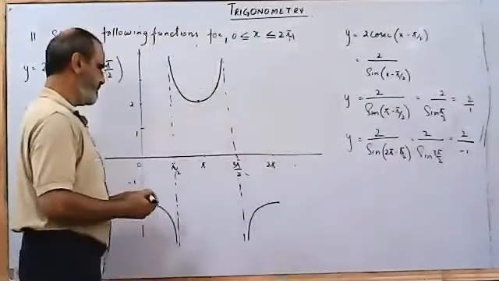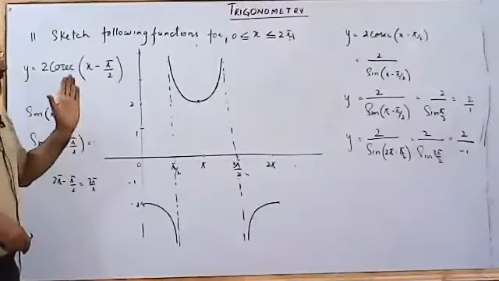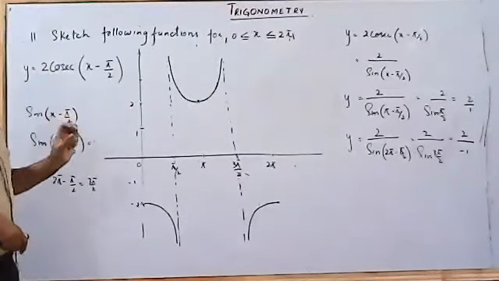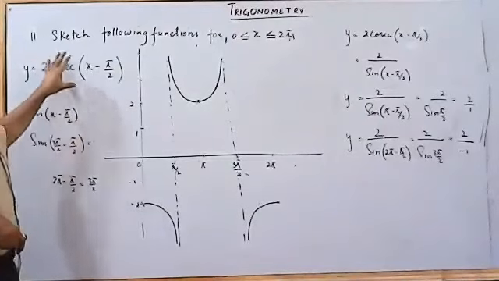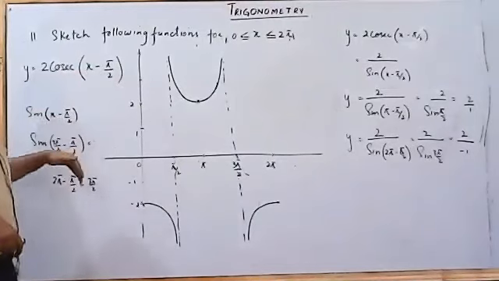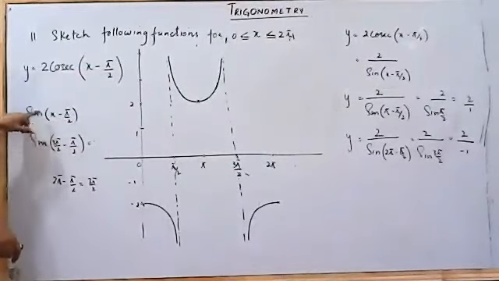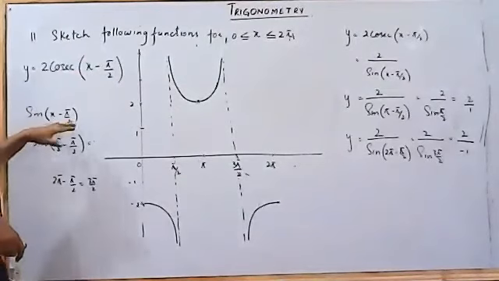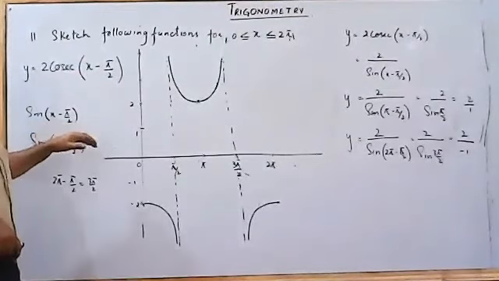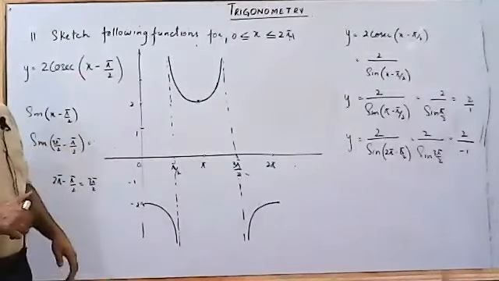So this is your curve. Just by substituting different values in the given equation, you have to locate the points, and then by considering the quadrants, by considering the sine or cos or trigonometric functions or ratios and their behavior in different quadrants, you can draw the curve.